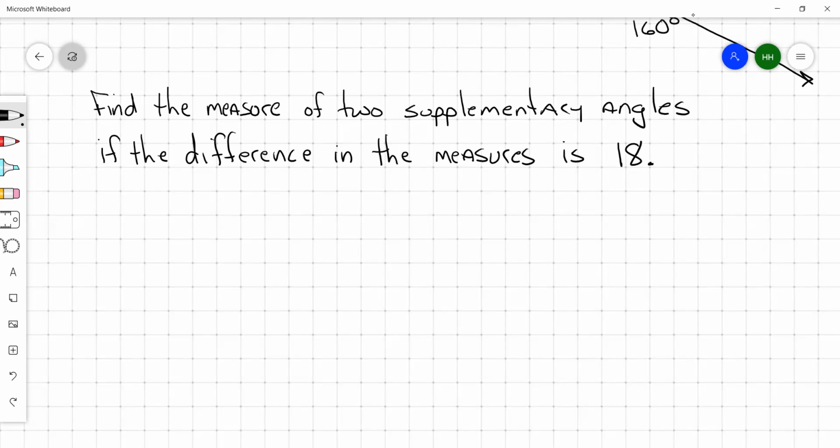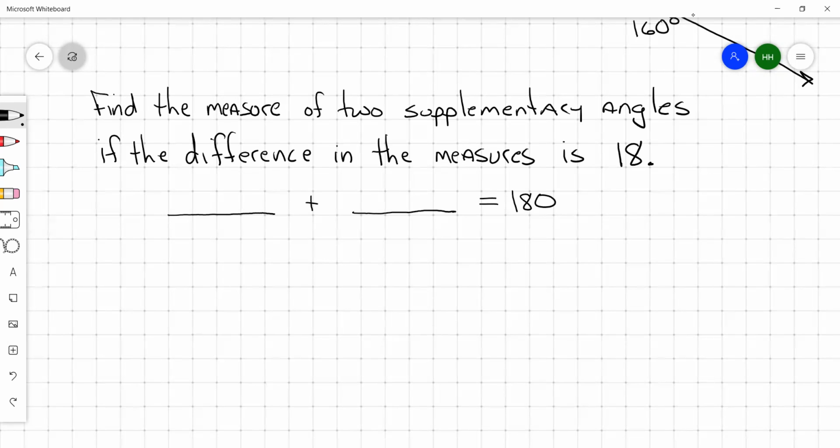So here's how you set up a problem like this. Supplementary angles, you got your first angle plus your second angle, and those added together have to equal 180 degrees. Agreed? They're supplementary. But the difference in the two angles is 18.